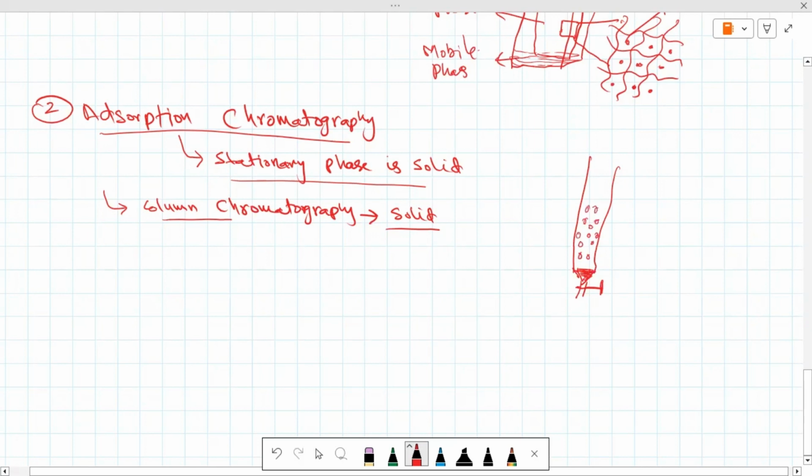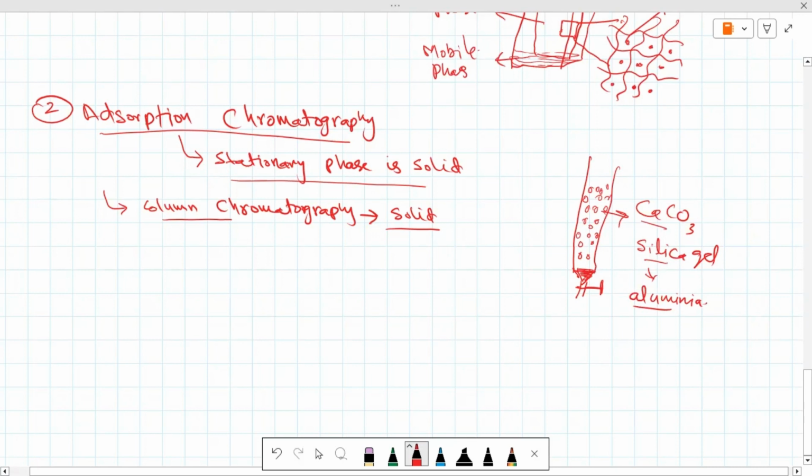Different types of stationary phases are used. It can be calcium carbonate, or it can be silica gel, or it can be alumina. These types of solid can be used in adsorption chromatography.